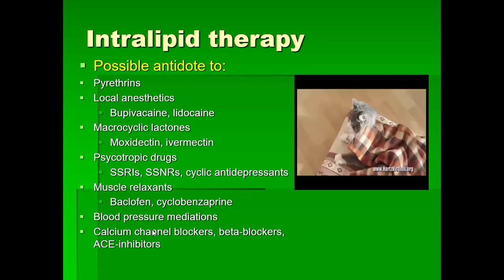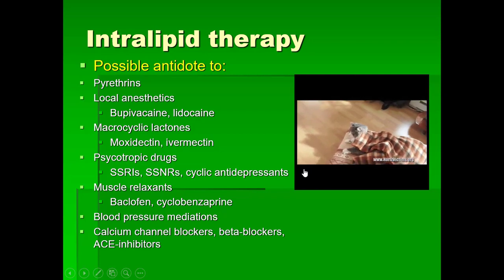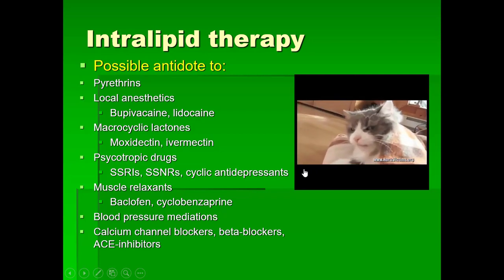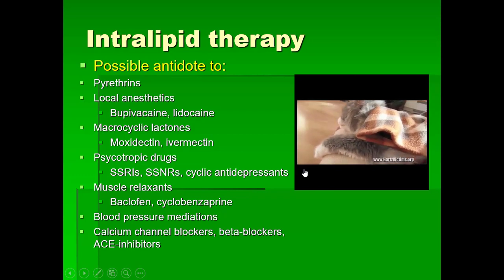We have a list here of lipid-soluble substances for which we can use this therapy in case of an intoxication. As you can see, the cat on the right is experiencing what looks like tremors, a little bit of involuntary contractions of some of those muscles.